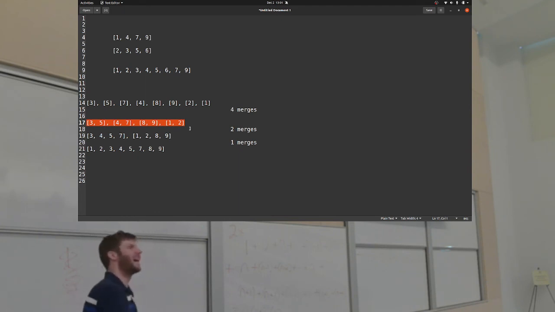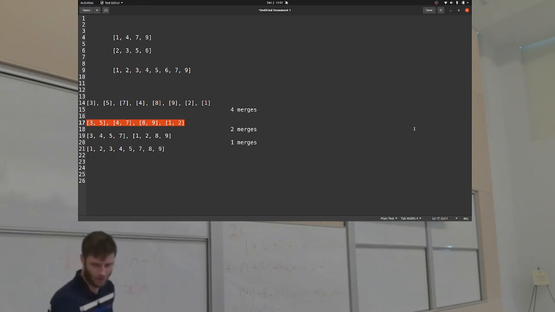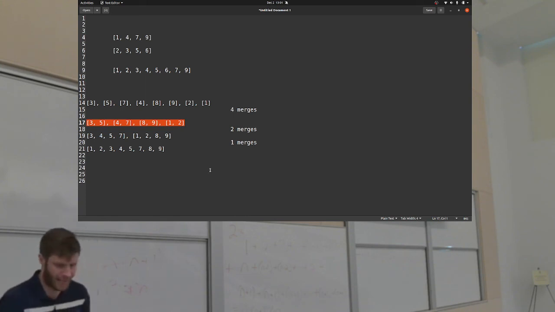So how many times do I have to do 8 units of work? Did I have to do it n times? How many do I have? I have 4 rows. I mean, really, I have like 3 rows because the last row is the result.